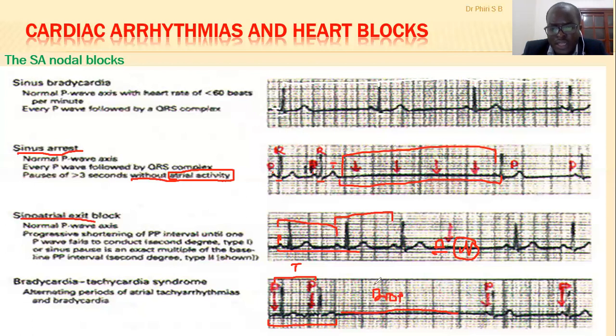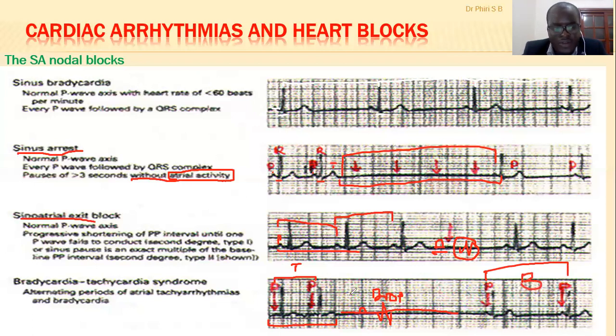They are dropped here. You can see a P wave, you can see a QRS complex here. So you have dropped beats that are followed by an elongated PP interval. If you have an elongated PP interval, you have a reduction in heart rate. So this is a bradycardia that is taking place here.